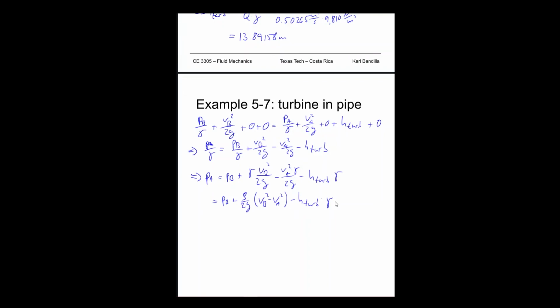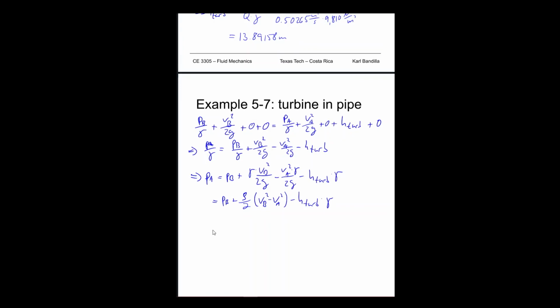We don't need the G there, because the G got combined with the gamma to create a rho.